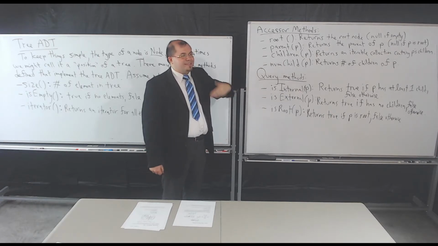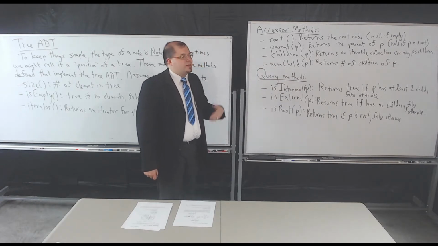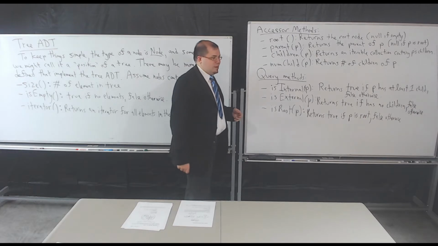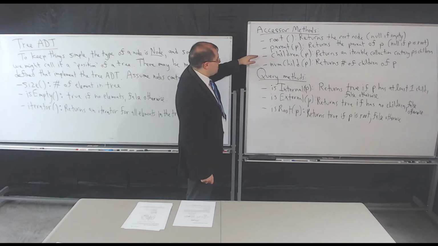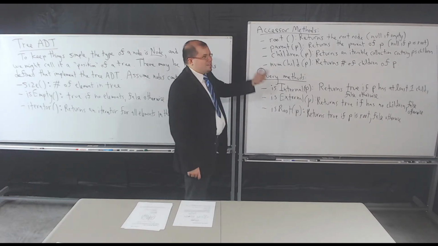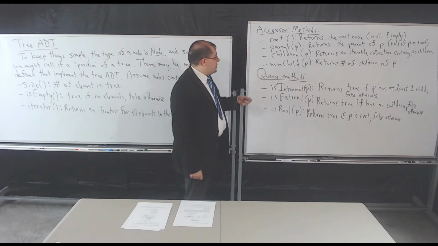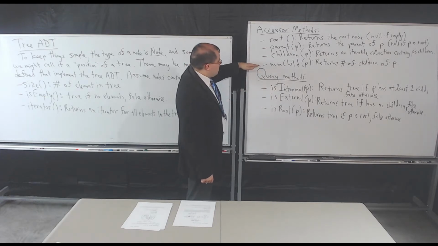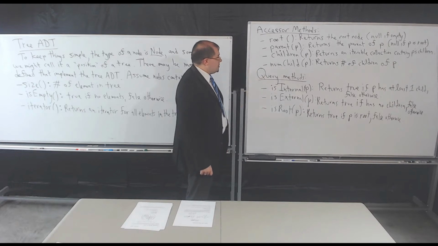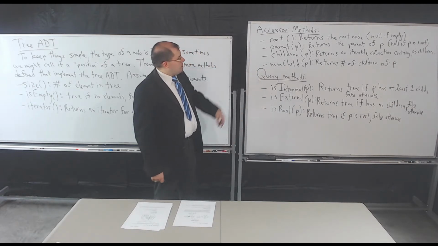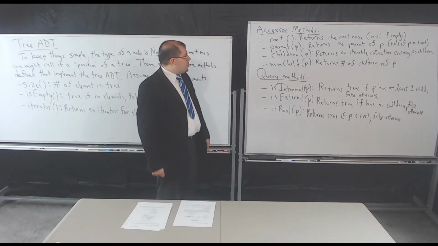However, if you have a list that's able to just traverse through one after the other in constant time, that's usually what you want. You'll find in our algorithms we talk about with trees, we'll just assume that you can access one after the other very efficiently like this. Then numChildren, this is another one we're going to use a little bit later, possibly. This returns the number of children of a node p.